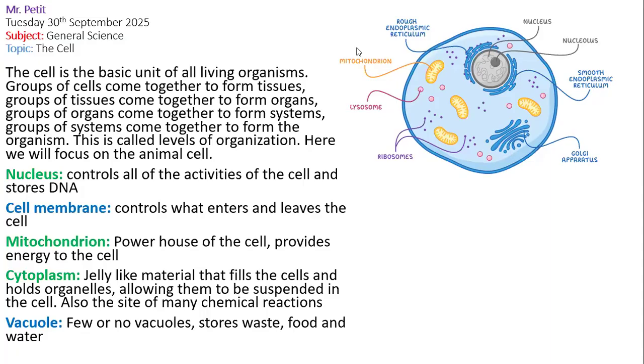Groups of cells come together to form what? Tissues, very good. Tissues come together to form what? Organs, very good. Organs come together and make what? Systems. Very good.